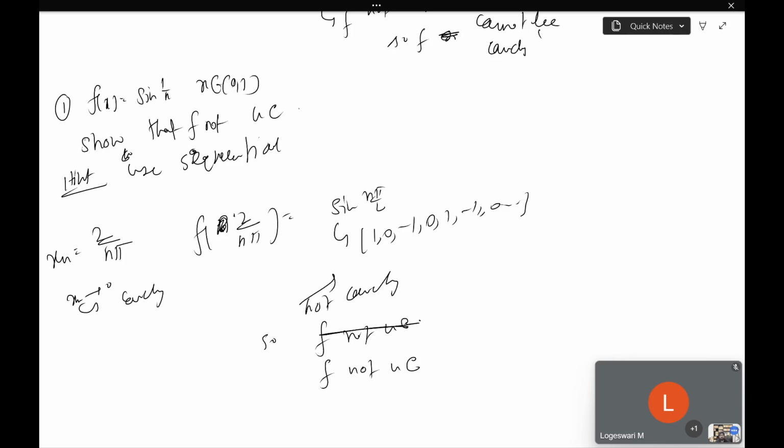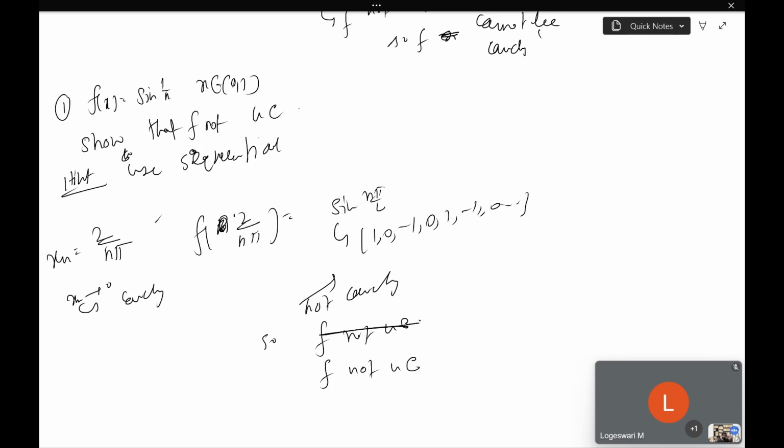Okay, so in this way you can use the sequential criterion. What we have done: first, we chose the sequence xn equal to 2/(n pi). Then we observe that f(xn) is the sequence 1, 0, minus 1, 0, and so on.